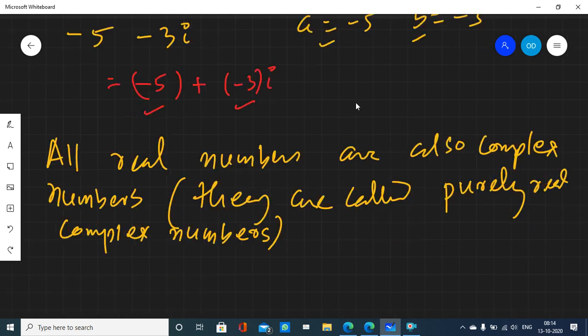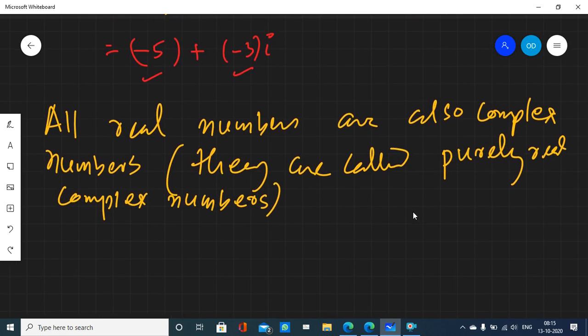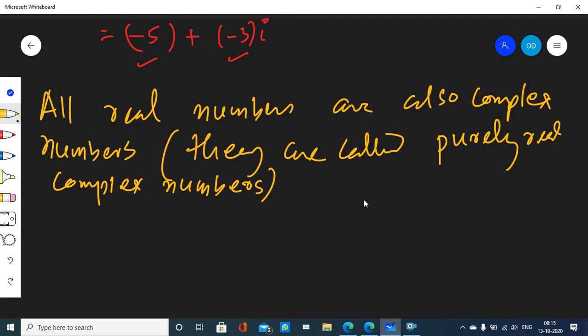We have discussed that every real number is also a complex number, but vice versa is not true. So for example, I have a real number here, 5. It is also a complex number, because I can write 5 as 5 plus 0i or 5 minus 0i.